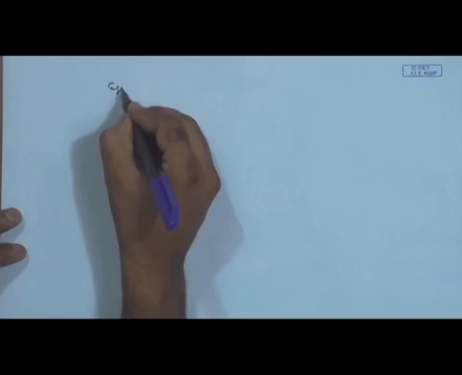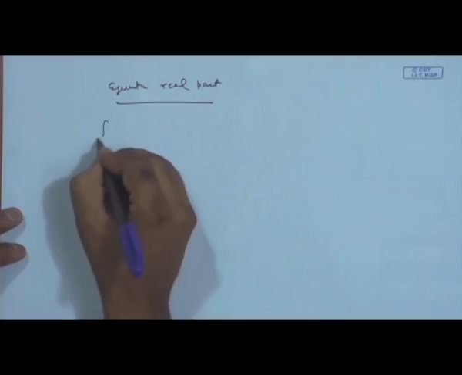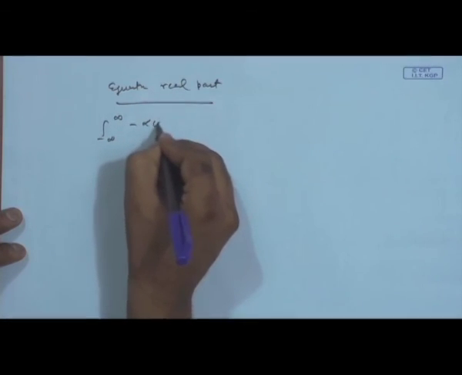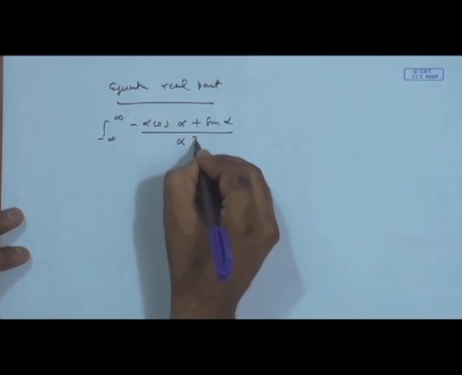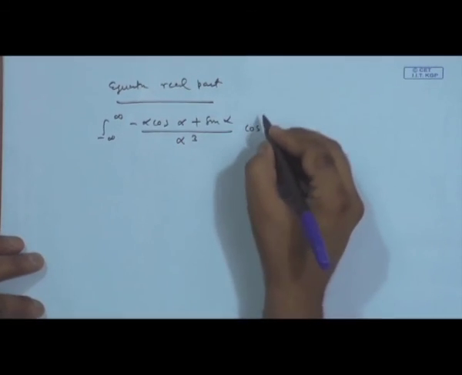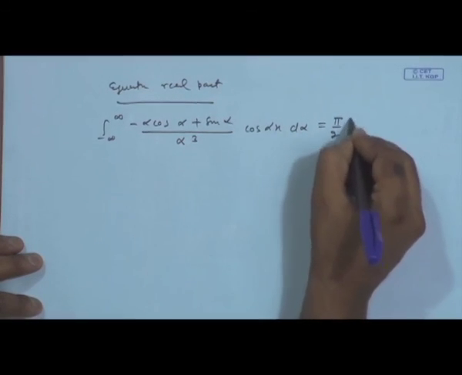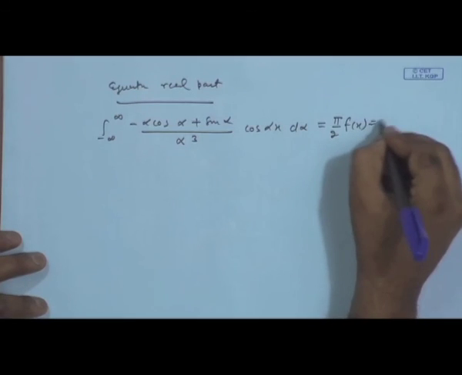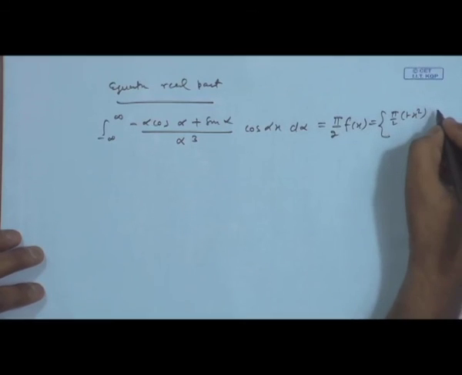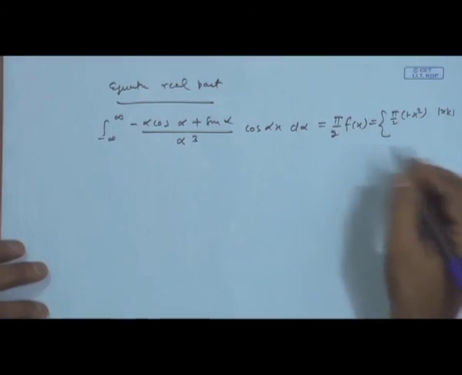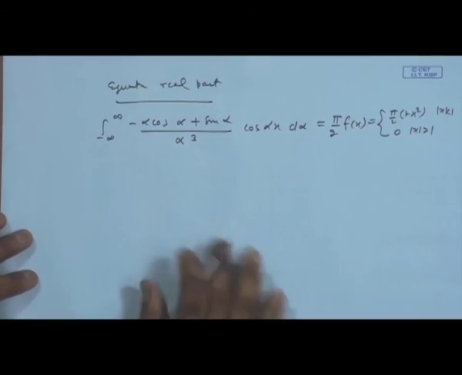So equating real part, we will get minus infinity to plus infinity minus alpha cos alpha plus sin alpha over alpha cube and cos alpha x d alpha, and the value would be pi by 2 f(x), and value of the f(x) we have 1 minus x square if mod x is less than 1, and this is 0 if mod x is greater than 1.